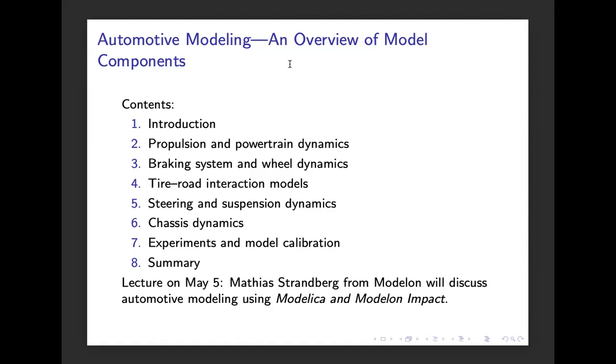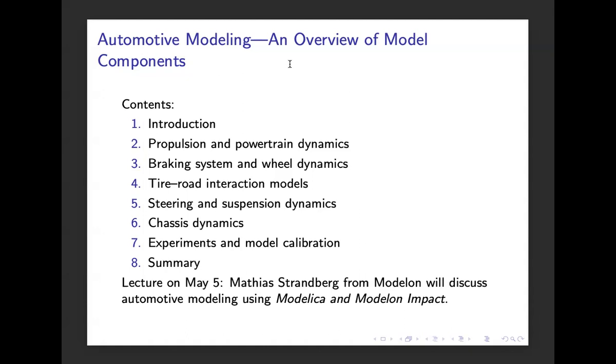Because going very deep into automotive modeling would require a complete course. So what I will try to aim for here today is to give an overview of the kind of model components and what key characteristics there are when investigating and simulating and optimizing automotive systems. So I will start by giving an introduction to the subject.